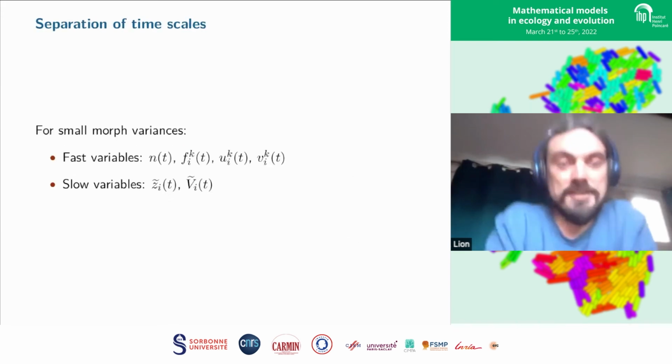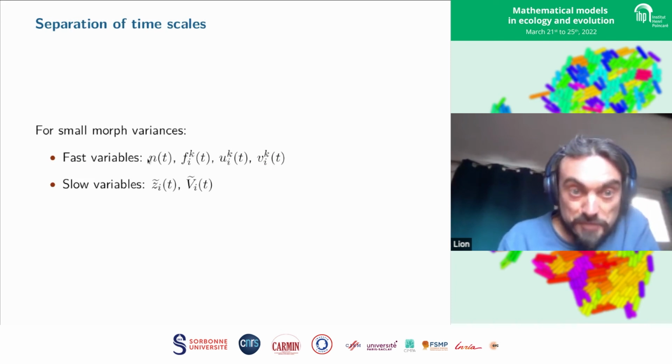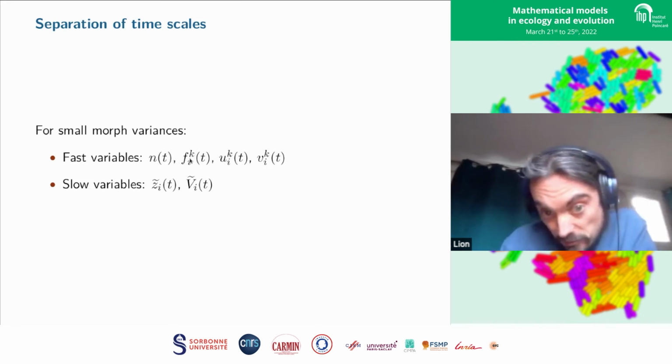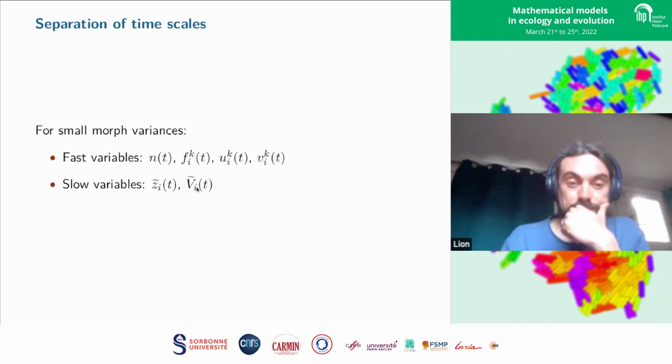I'll skip that. I think what is important here is that we're going to recover separation of time scales with some fast variables, which are going to be the total density, the frequencies of the different morphs in different classes, and these U and V variables, and then the slow variables, which are going to be the moments, the mean and the variance of this aggregate morph distribution.